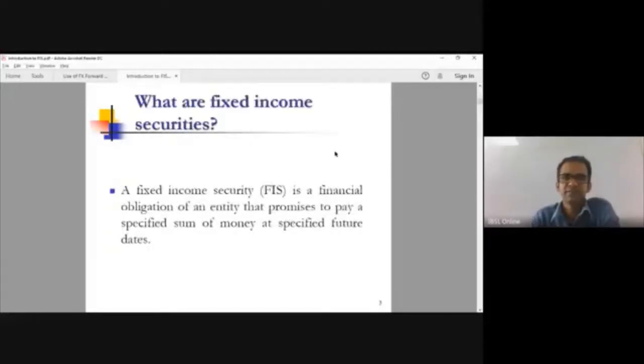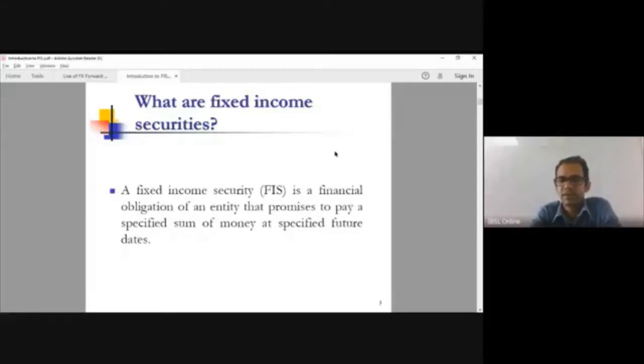So what is a fixed income security? As it says, a fixed income security is a financial product which gives the investor fixed cash flows.